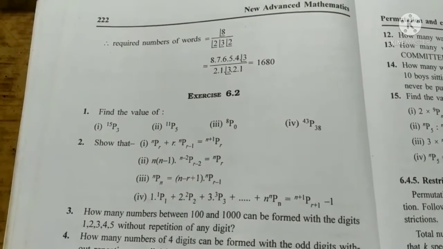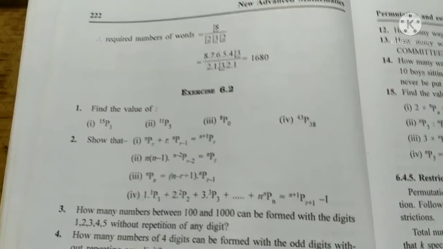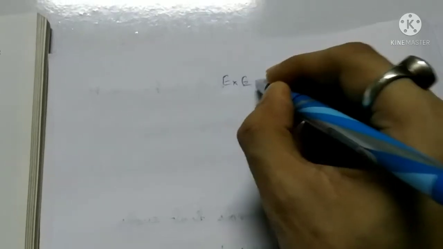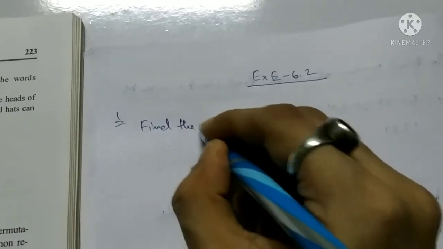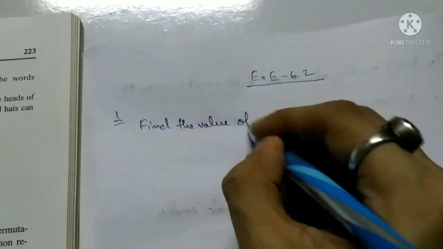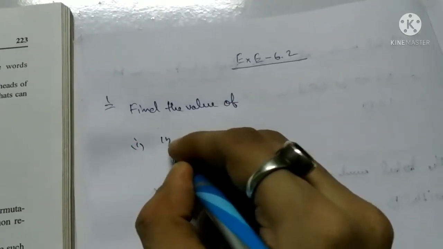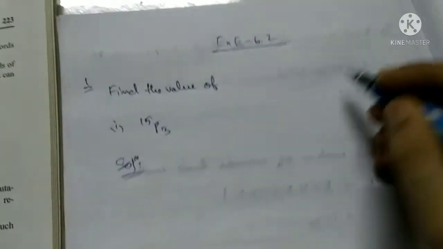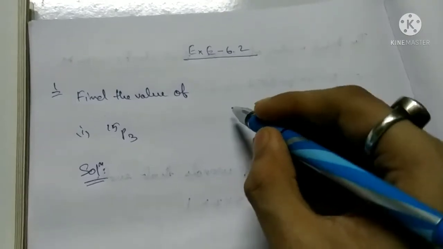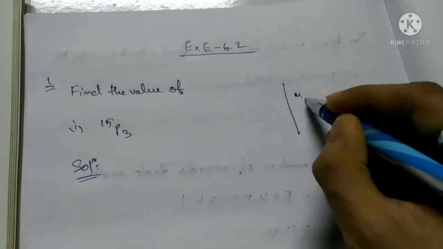Type 1, find the value of. This is our exercise 6.2. Type 1, find the value of 15P3. Now this is the nPr formula.